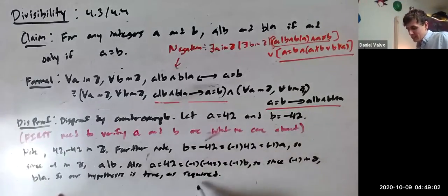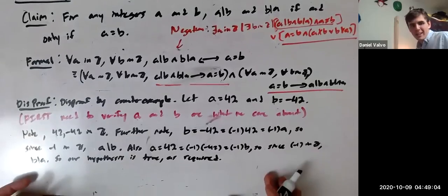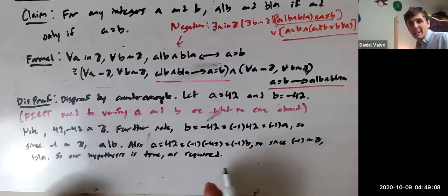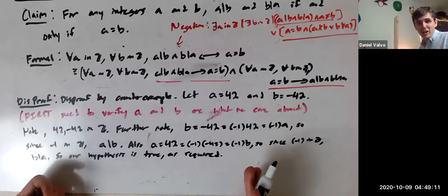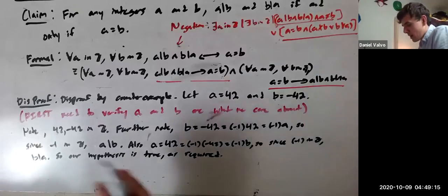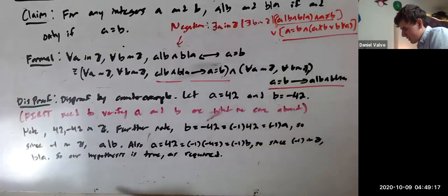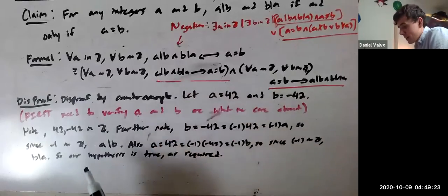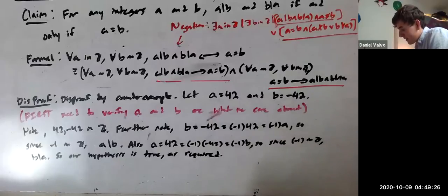You don't necessarily need to write this part, although for proofs, it's always nice to walk your reader through what you're talking about, because proofs are kind of meant to be read. And so it's always nice to say, we're doing this now because of this. So our hypothesis is true as required because we're doing the counterexample thing. So far, all we've shown is that we have picked an A and B, where A divides B and B divides A.